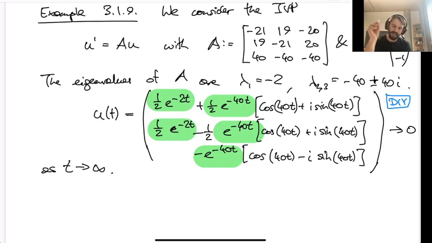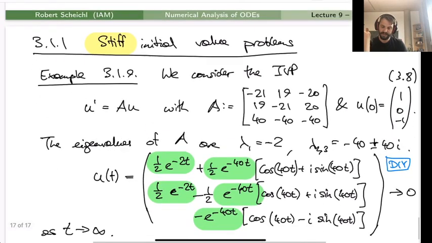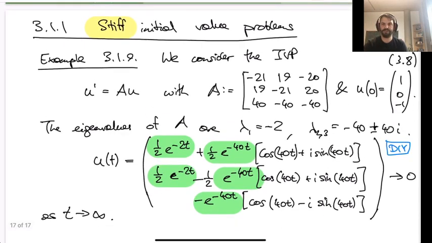And so now this is a generic problem where the solution goes to 0 as t goes to infinity, but the two parts here actually go to 0 with a different rate. So let me just rewrite this.